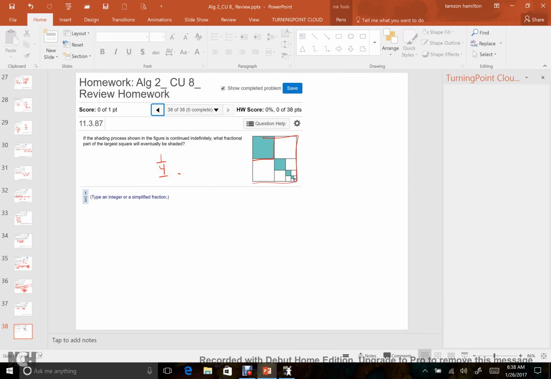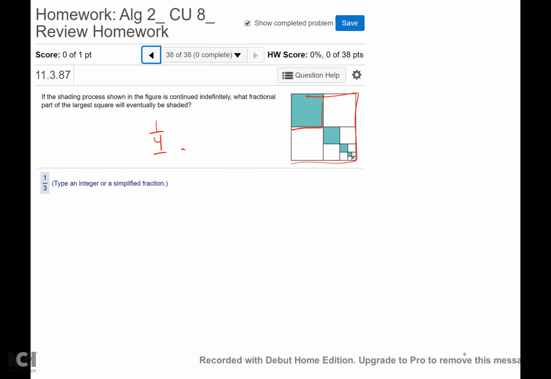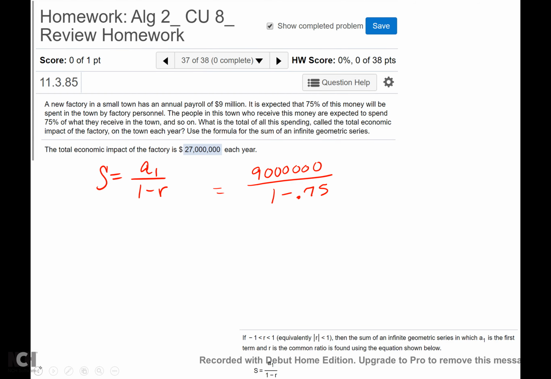Okay, we're back. All right, let me back up here. Okay, yep, here's where I screwed up. I can't erase that, Townsend. We forgot to find the first term. Yes, it's 9 million, but you're going to spend 75% of that. So if I take 9 million and multiply that by 0.75, I get 6,750,000.